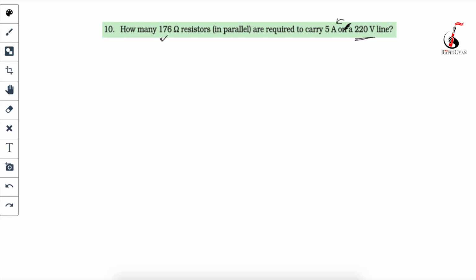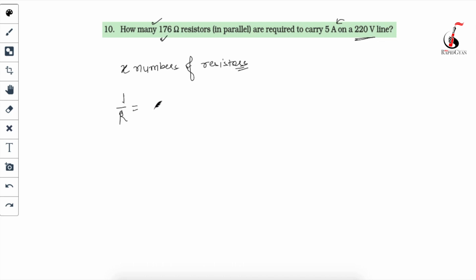So first thing, guys, first find the actual resistance. This is a 176 ohm resistor. Suppose x numbers of resistors are needed. If you have to find the equivalent resistance in parallel, how do we find it? 1 upon R will be, what is the value of one resistance?